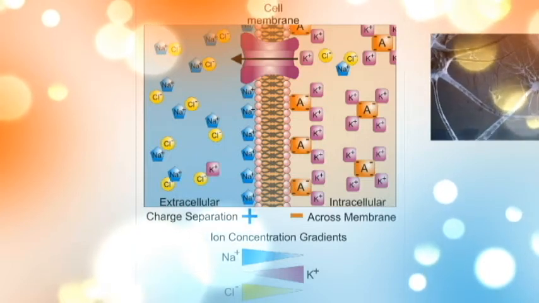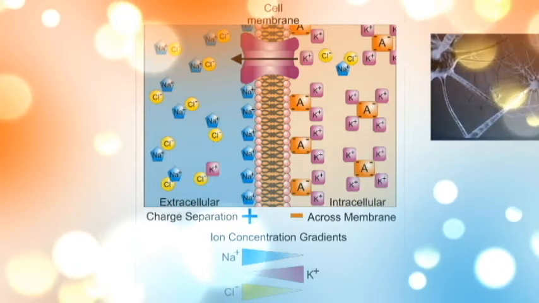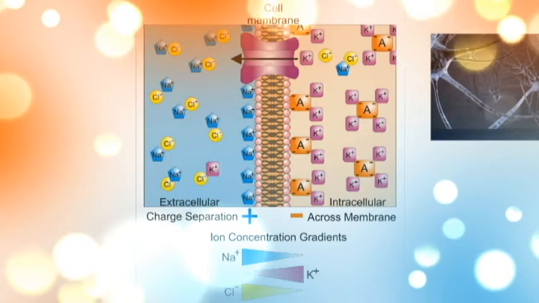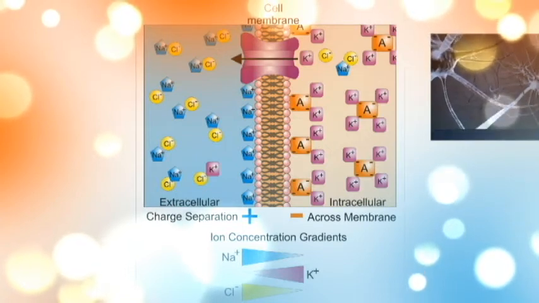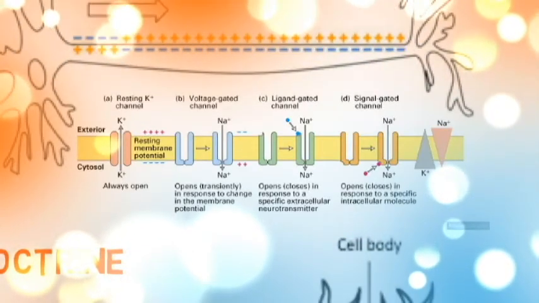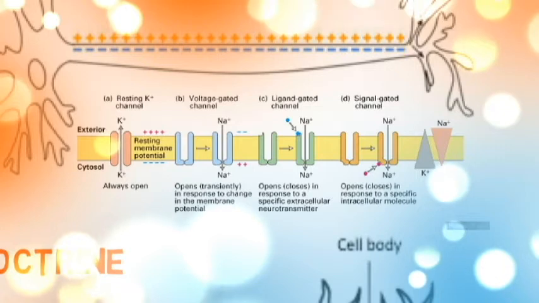Ions, such as sodium, potassium, and chloride, are distributed unequally across the neuronal membrane, so that in this resting membrane potential, that is, when the neuron is not stimulated, the inside of the cell is more negatively charged than the outside of the cell. And this charge differentiation is maintained in part by specific molecules within the cell membrane.